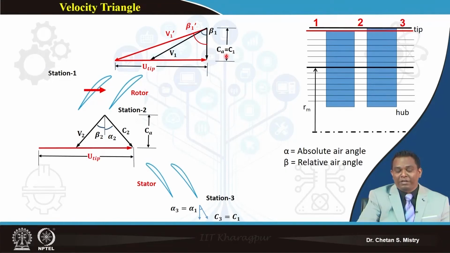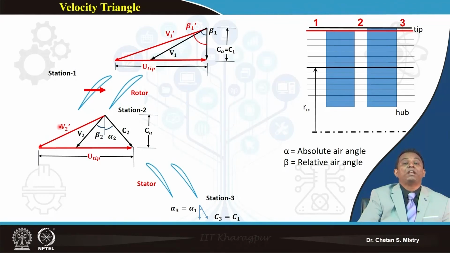Okay. Now let me take what is happening at the exit of the rotor. In this case this is my tip section, and this represents my peripheral speed. If I connect that, you will see my relative velocity coming out from my rotor also will be larger near the tip region. This angle beta 2 dash, if you calculate, that number is also coming large.